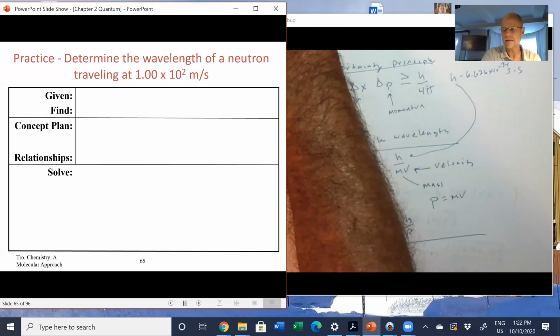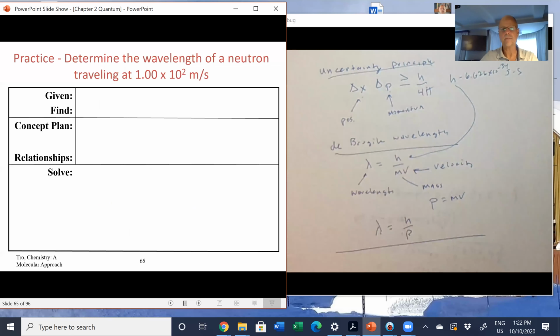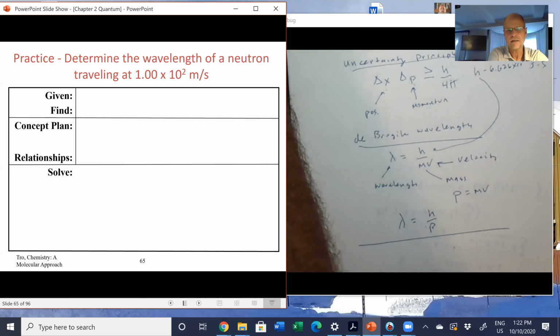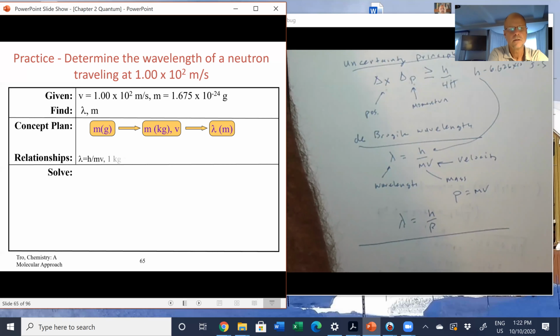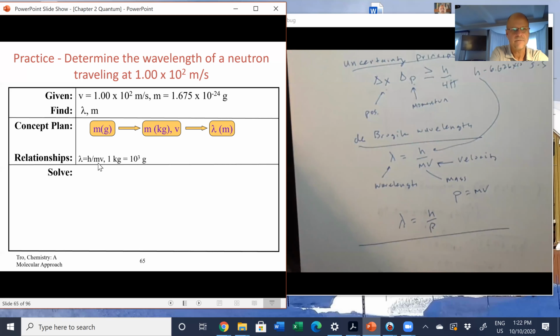Let's do a quick example of this. Let's determine the wavelength of a neutron traveling at 100 meters per second. We're given the velocity and we're given the mass, and the mass of a neutron we can look up. We just want to find the wavelength. So we're going to use the de Broglie equation, which is that lambda is equal to h over mv.